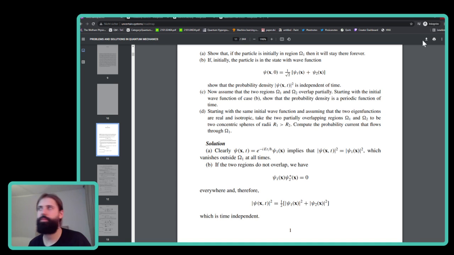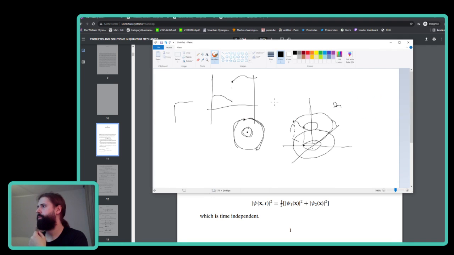Let us see. So we start with this wave function. This is the wave function we have. But that's just the initial wave function, right? So I need to add like a term to it. This is still from the last time.